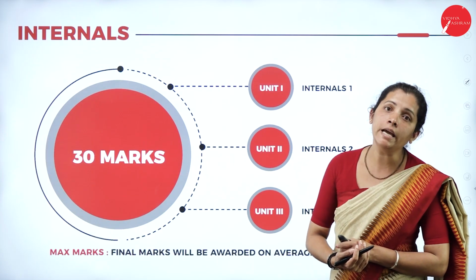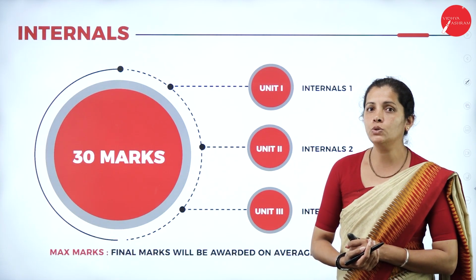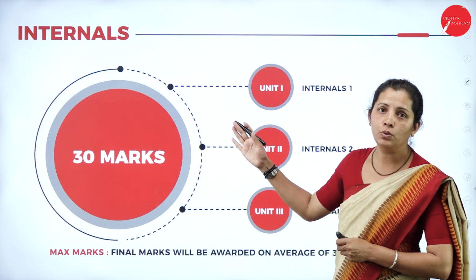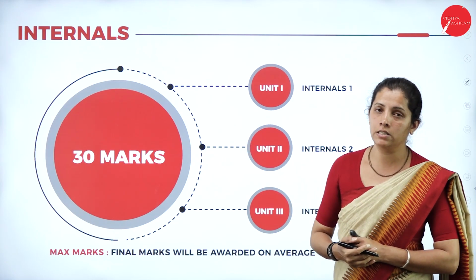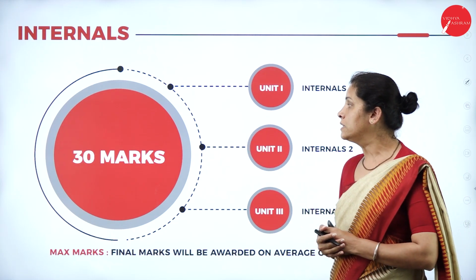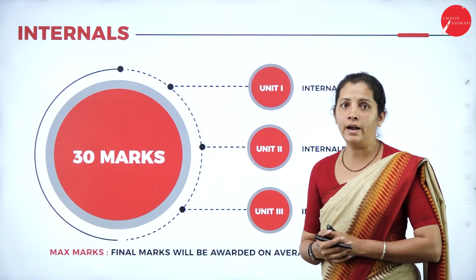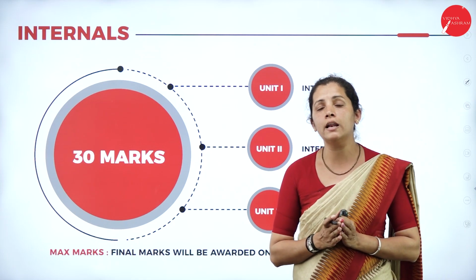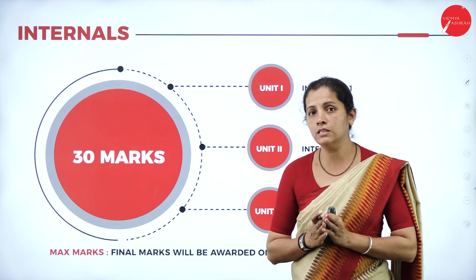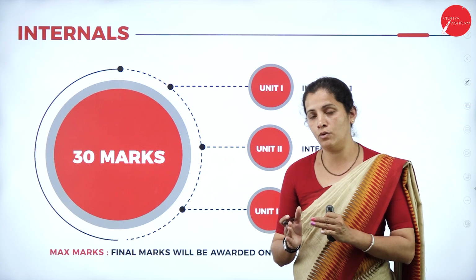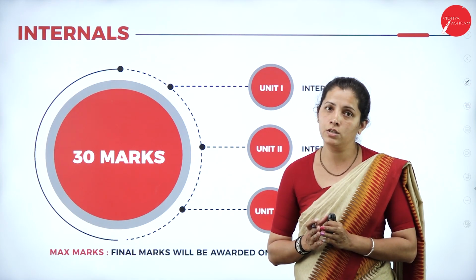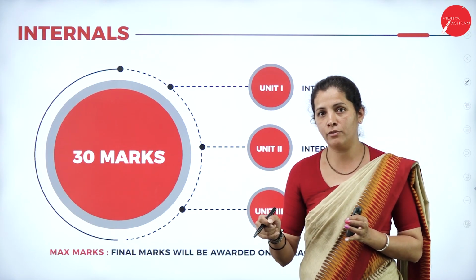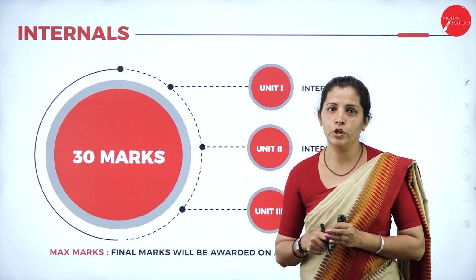Now I have the internal part. Dear student, we are going to have 3 internals and each internal is for 30 marks. The first internal covers Unit 1 and Unit 2, the second internal covers Unit 3 and Unit 4, and the third internal covers Unit 5, and I'm going to pick any one chapter from the remaining 4 units.